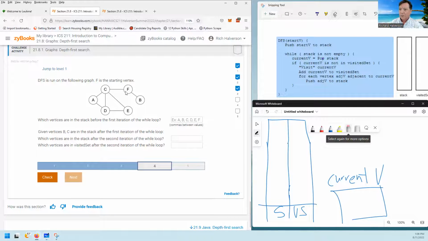Starting with F. F is going to be in here, and B and C are in the stack after F. B and C like this.